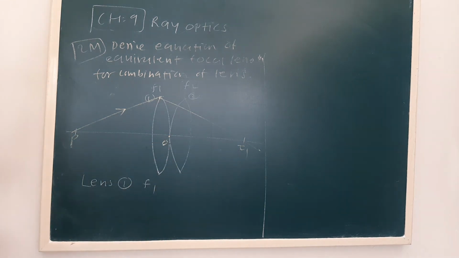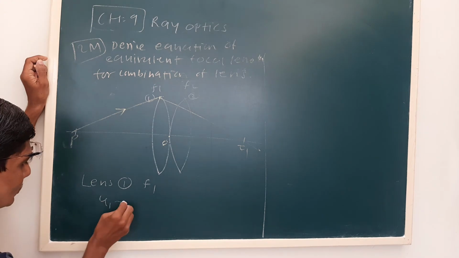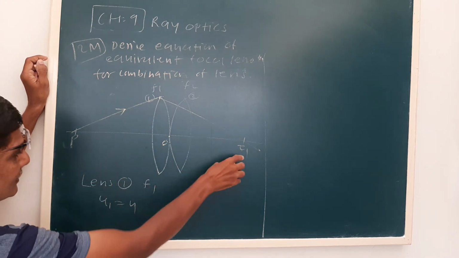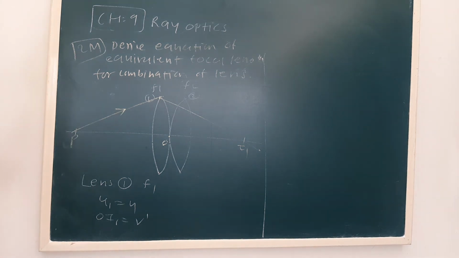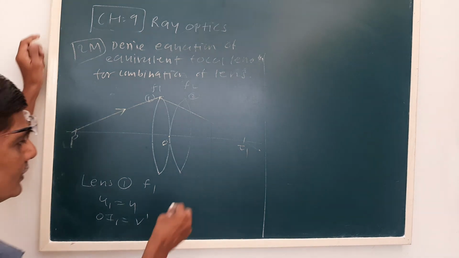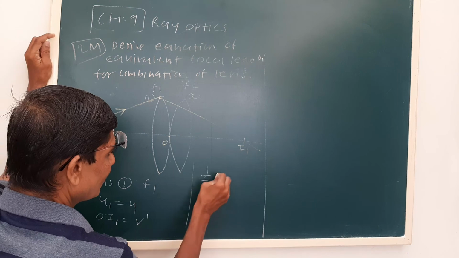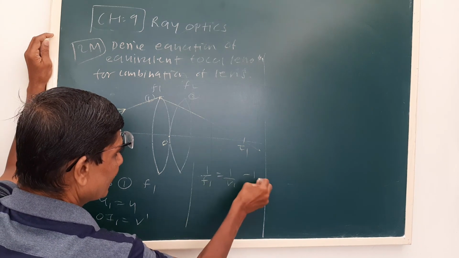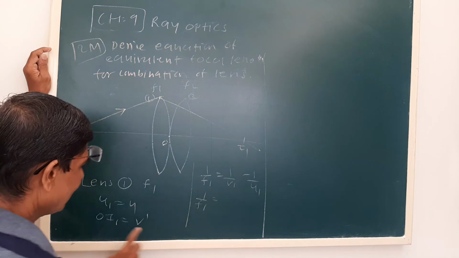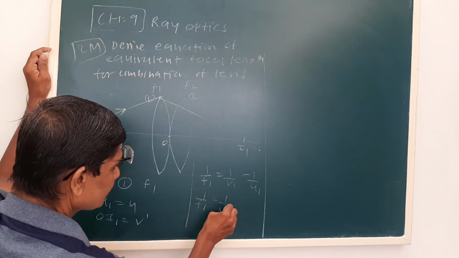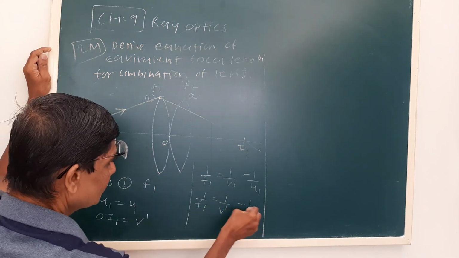Here u1 is u, that is the object distance. See, this OI1 is the image distance, we can say v dash for simplicity. Now for lens 1 we can write 1 upon f1 is 1 upon v1 minus 1 upon u1. Here v1 we have taken as v dash and u1 we have taken as u.